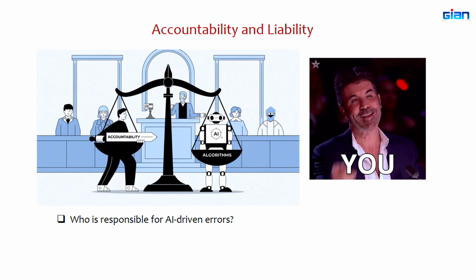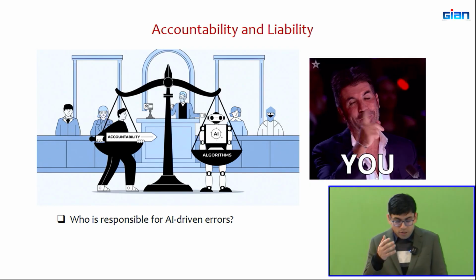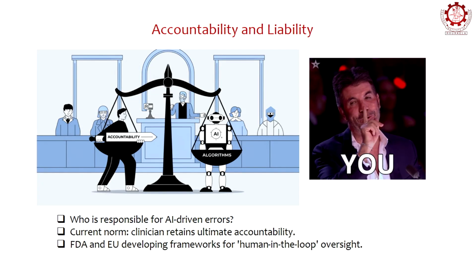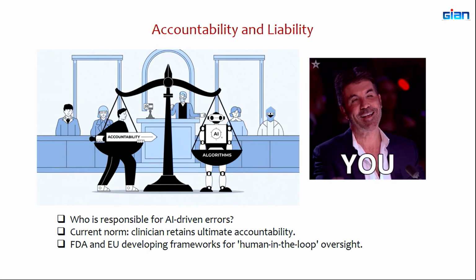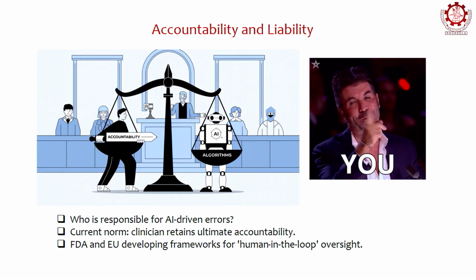Okay, so accountability and liability. Who is responsible for AI-driven errors? We discussed this yesterday. Usually the clinician retains the ultimate accountability because they are the ones who will be using the systems. Even though at times this is unfair on the clinician, what the FDA and EU are trying to do is develop frameworks that have human-in-the-loop oversight.